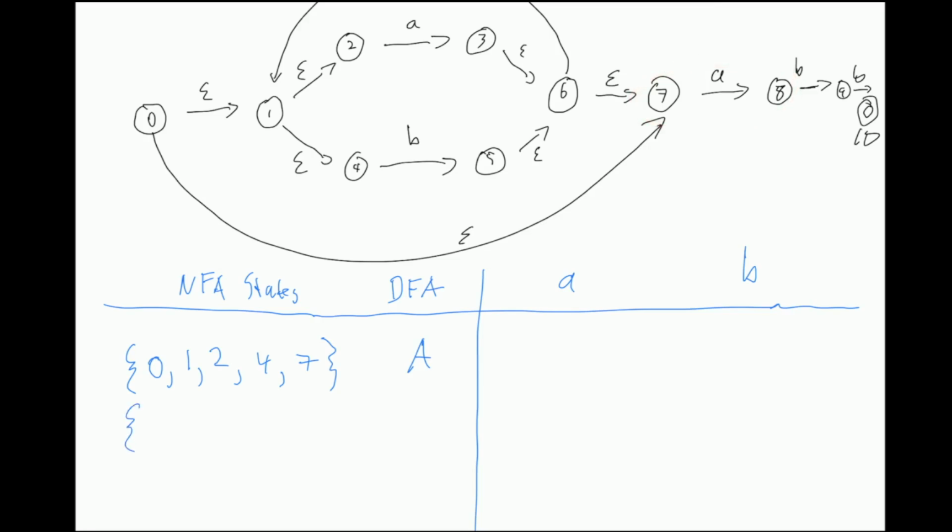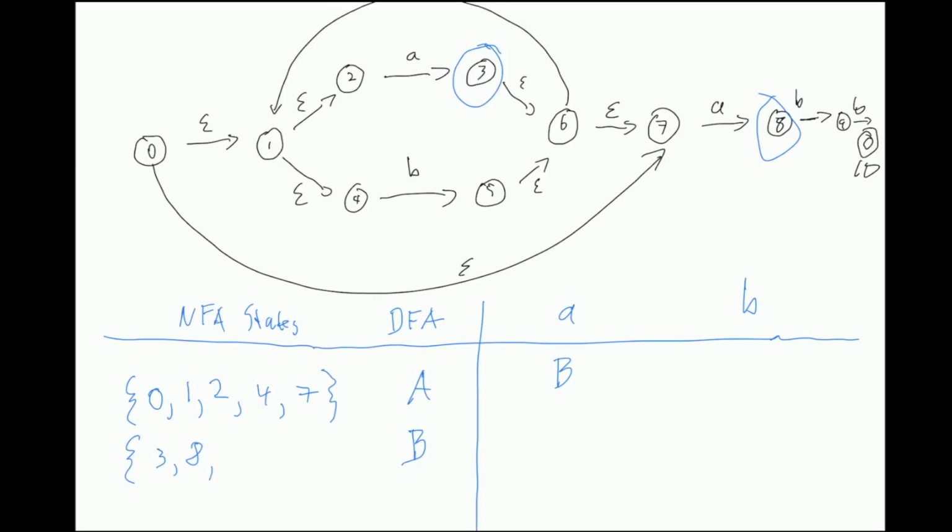So we make a new set, let's call it B, that we transition to. And we're going to transition to 3 and 8. And so we would be in state 3 and 8. And then we take the epsilon closure, the same thing we did when we were actually running this machine. So what's the epsilon closure of states 3 and 8?